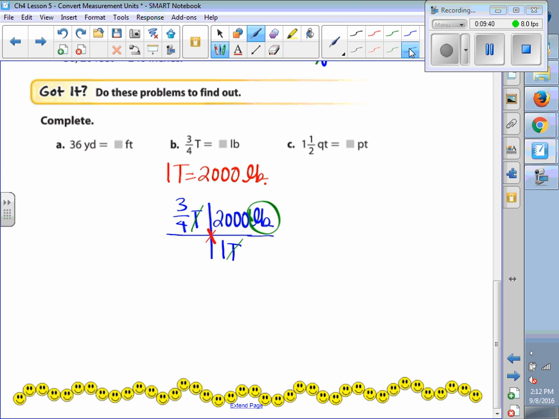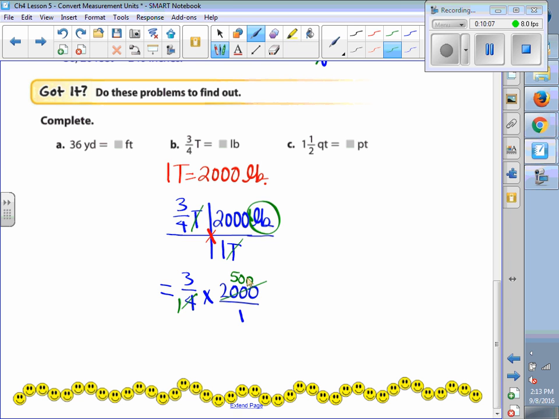So here it's going to be 3/4 times 2,000. Does everybody see that? So 3/4 times 2,000. I'm going to go ahead and put that over 1. Can I simplify before I multiply? Yeah. So 4 divided by 4, 1. 2,000 divided by 4, 500.